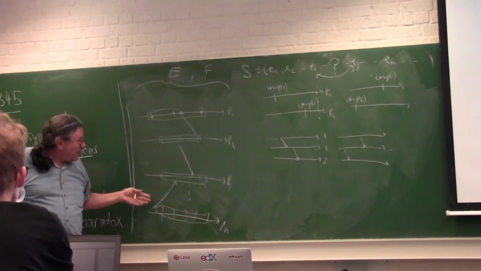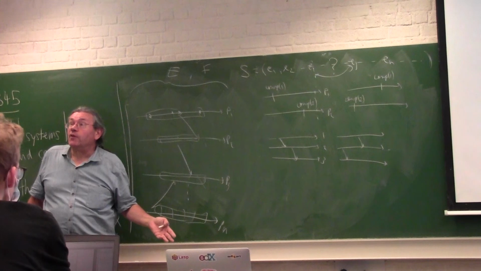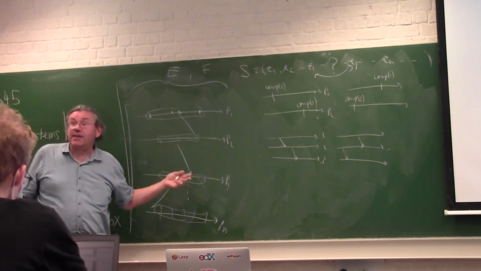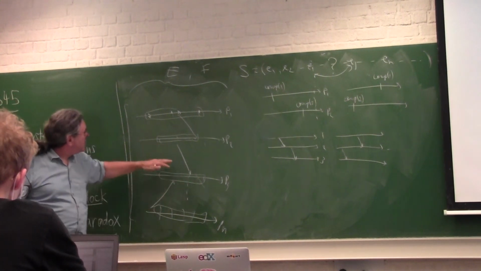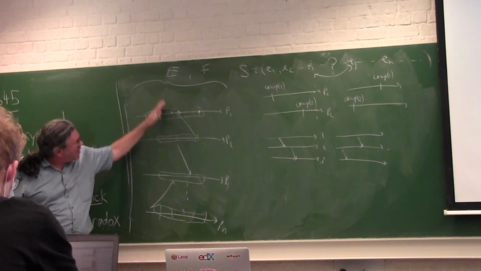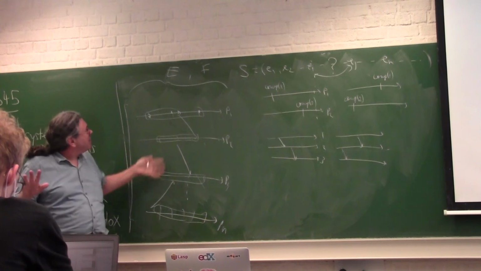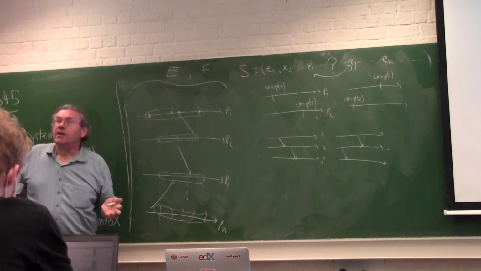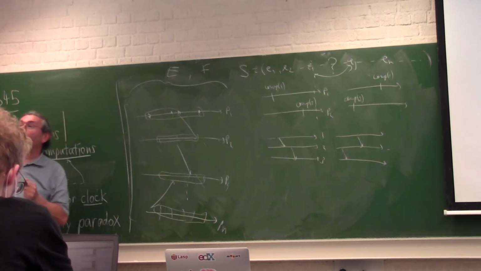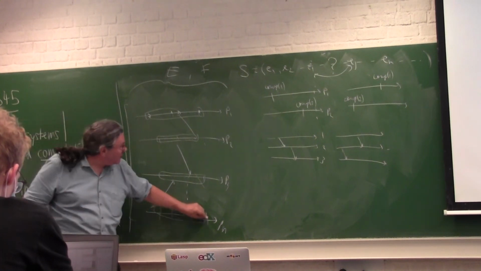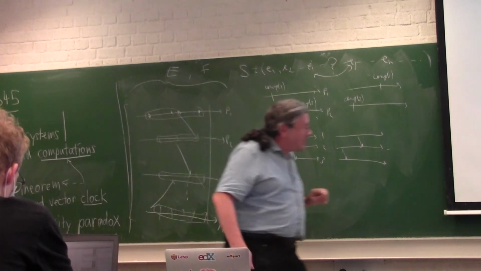They will get the same result, of course, because each node sees the same. But maybe there's still a difference in how the messages are sent. So how could they still be different? Actually, they can still be different, even if the result is exactly the same. And this is the theorem.